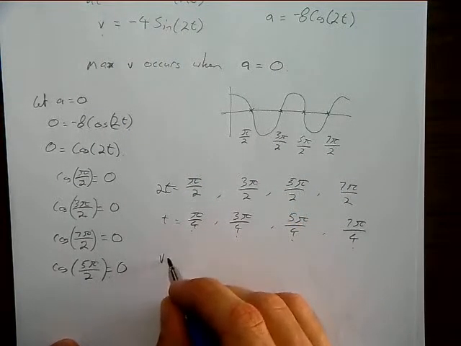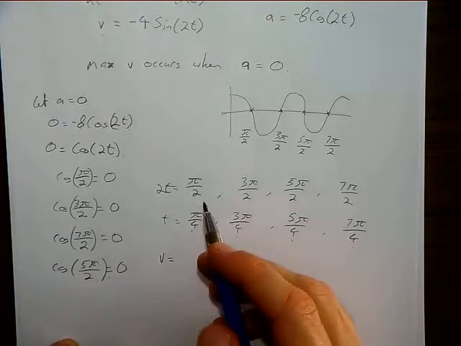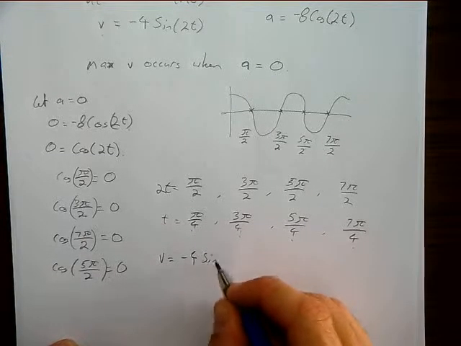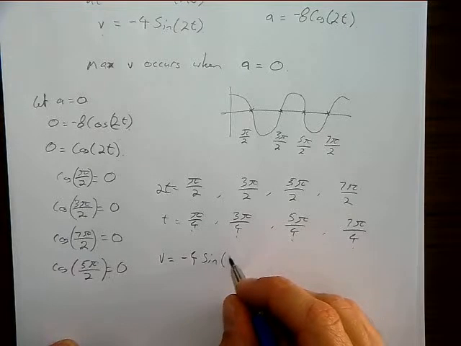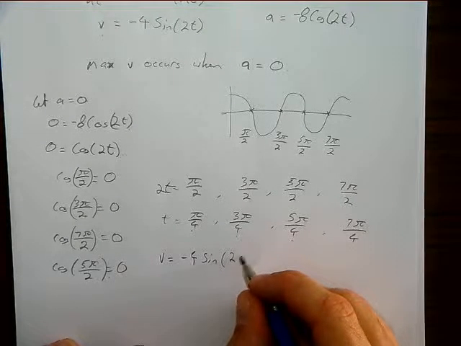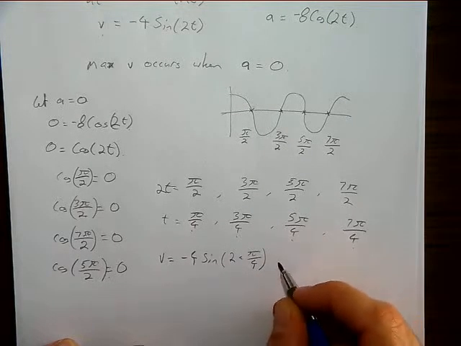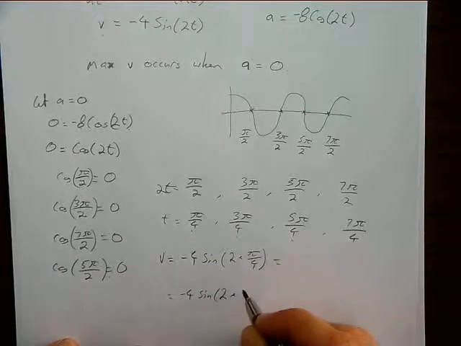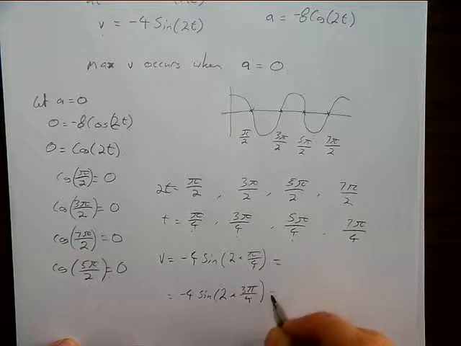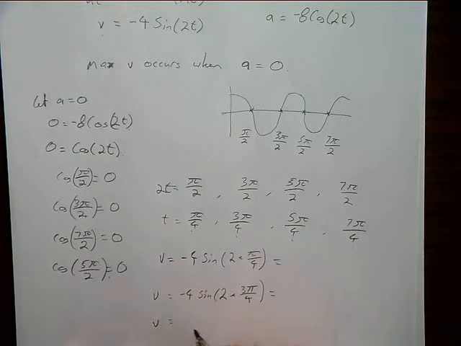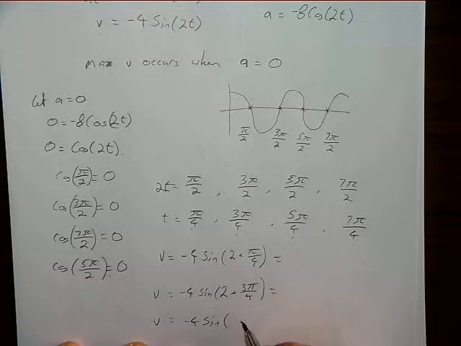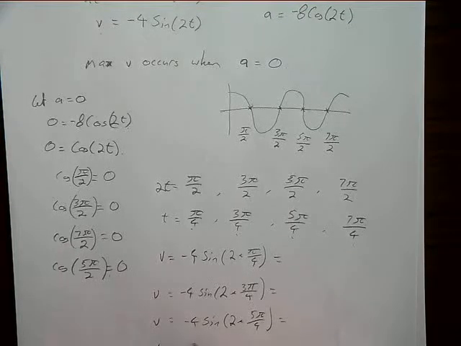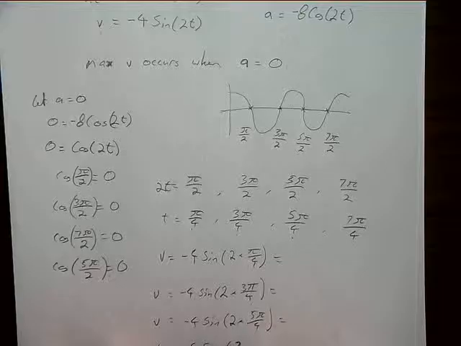So my velocities are going to be negative 4 sine of 2 by pi on 4, negative 4 sine of 2 by 3 pi on 4, negative 4 sine of 2 by 5 pi on 4, and negative 4 sine of 2 by 7 pi on 4.